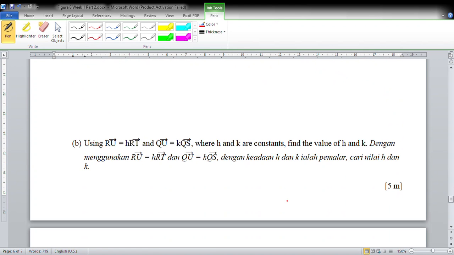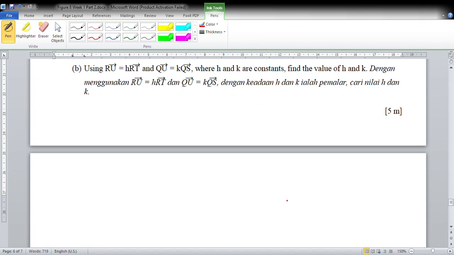So you can see this is my part B. Okay, so RU and RT. RT we already found in part A. And here QU equals to KQS. QS we already found in part A also. So we are going to use it here.